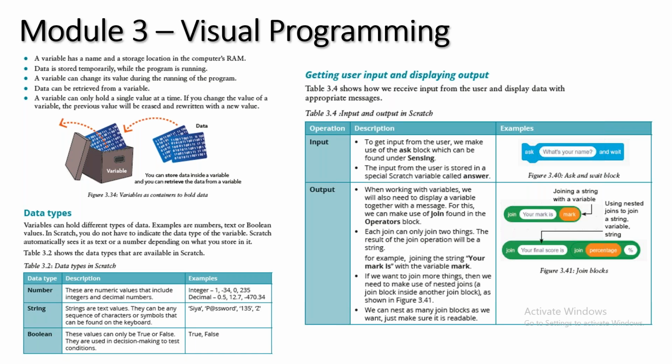So again, you will see us emphasizing these concepts throughout the book. What are variables? What are data types? So here in terms of data types in this module, we just looked at the basic ones, which we find in Scratch. We tell them what the data types are. We have tables where we have a description, and then we also show them examples in that table.